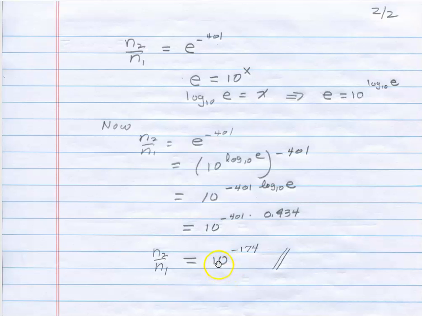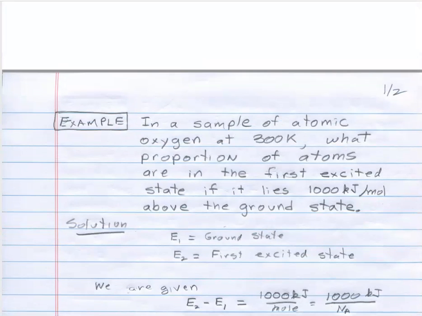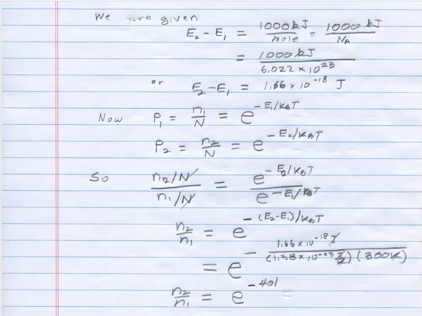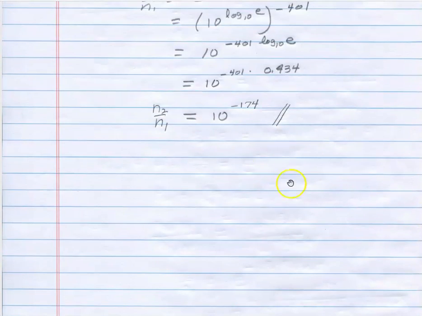If I try to take 10 to the minus 174, it doesn't give me an answer either. But the ratio of the number of particles in the first excited state at 300 Kelvin to that in the ground state is a very small number. So almost all the particles, in this case the atomic oxygen, are in the ground state, but a very small number are not.